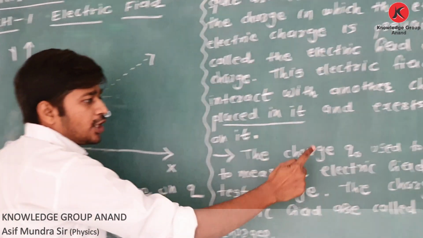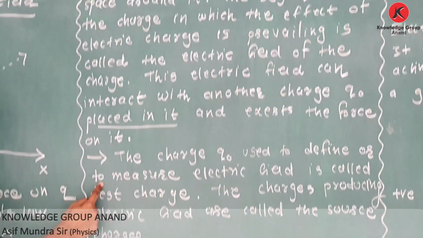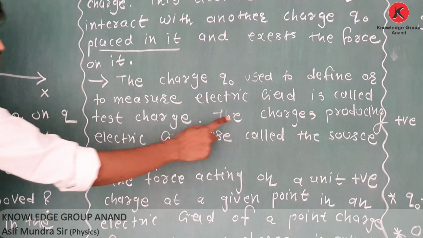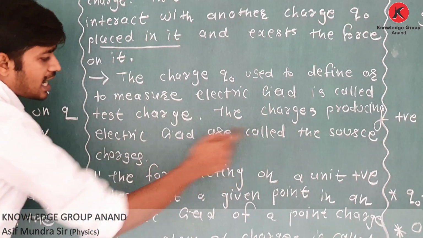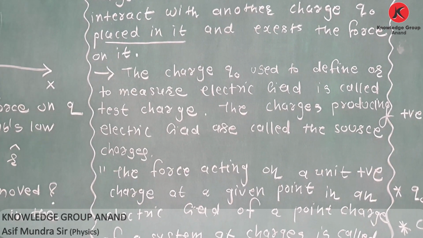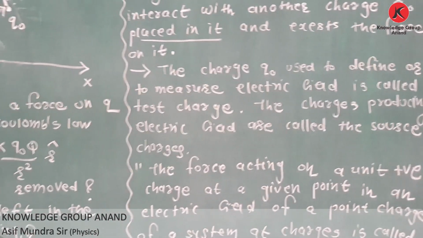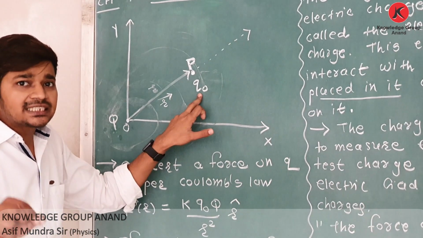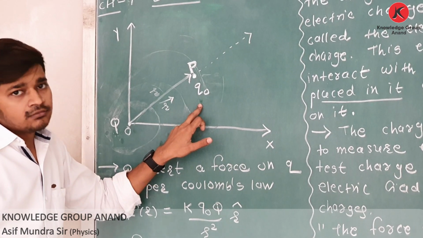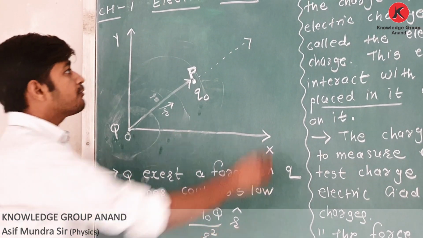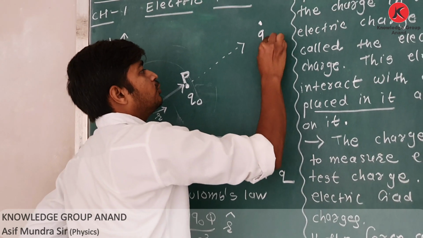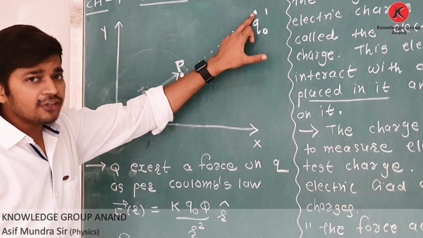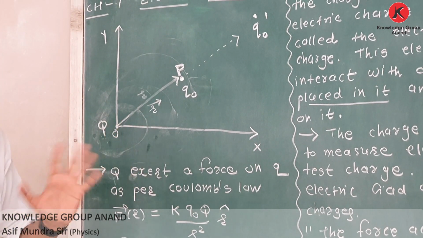See, the charge q0 used to define or measure electric field is called test charge. The charges producing electric field are called source charges. How? It is charge Q. I placed q0 charge here, and if force is acting on this charge, means electric field is present. If I place here some charge, suppose q0 dash, and force is not acting on it, means at this point there is no electric field.